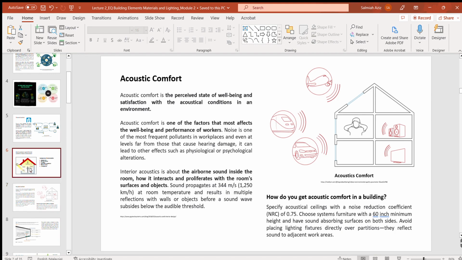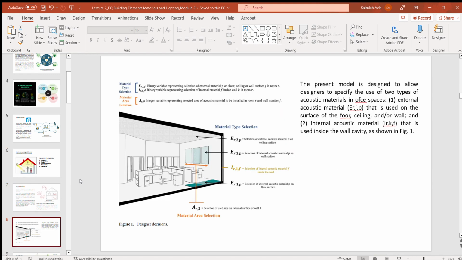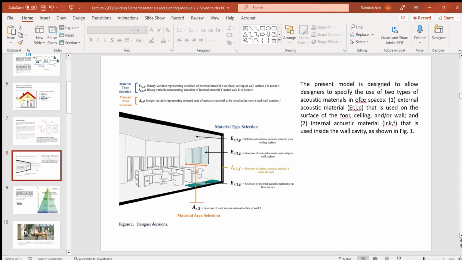So you can check this in detail. The prism model is designed to allow designers to specify the use of two types of acoustic materials in an office. Actually, this is for office space. So there are some formulas that we should know to calculate the right acoustics for a room.